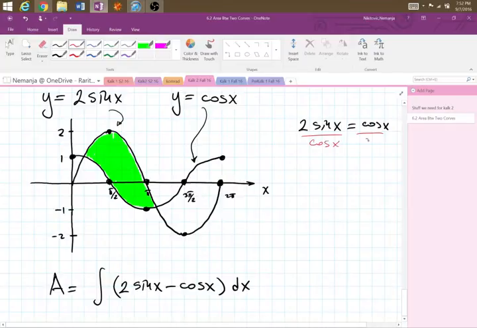So you're going to get 2 tangent x equals 1. 2 tangent x equals 1. Move 2 over. And there it is, right?